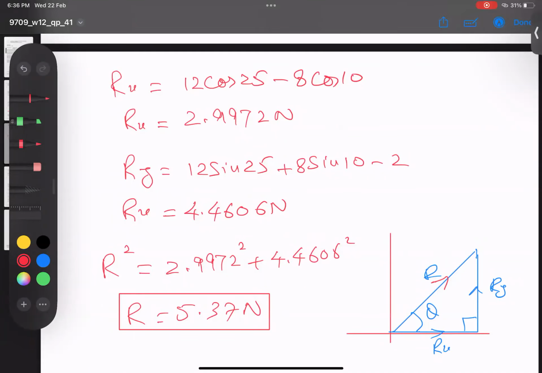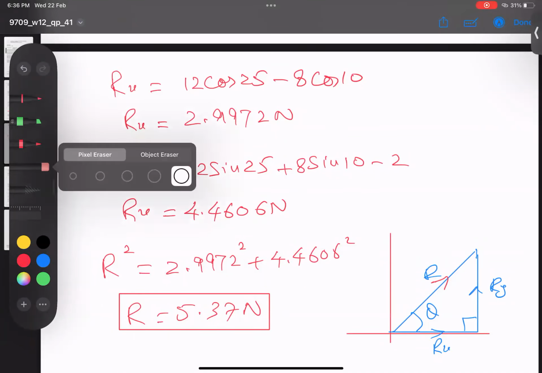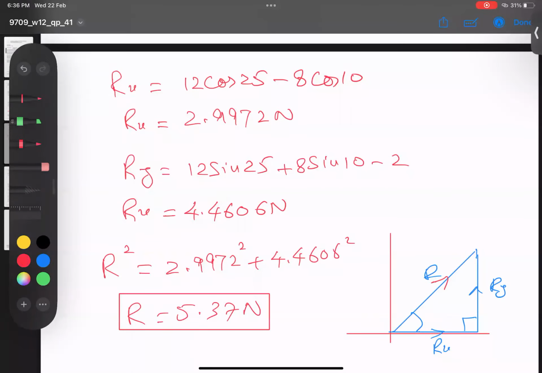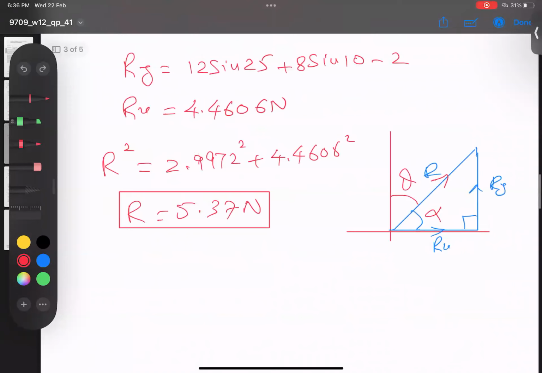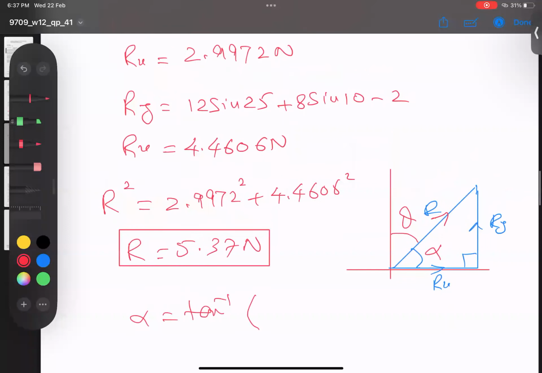But he has given this angle as theta here, you can see the question. So I will keep the same theta and I will not use theta here. I will call this angle alpha and subtract it from 90 degrees. So let's go for alpha. Alpha is equal to tan inverse of opposite by adjacent. This is Ry, so tan inverse of 4.4606 divided by 2.9972.